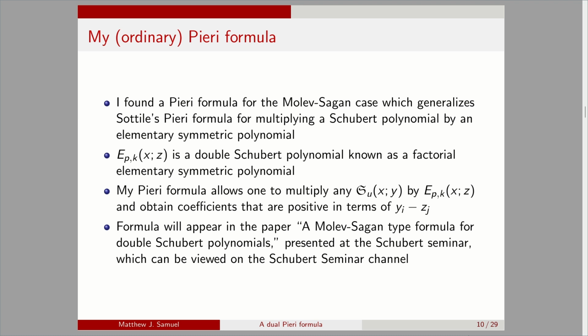And my Pieri formula allows you to multiply any S_u(x,y) for any u in S_infinity by e_k(x,z) and obtain coefficients that are positive in terms of y_i minus z_j. So this formula, at the time of the recording of this video, is not yet published. It's still under consideration, but I did present it at the Schubert seminar. The title is A Molev-Sagan type formula for double Schubert polynomials.